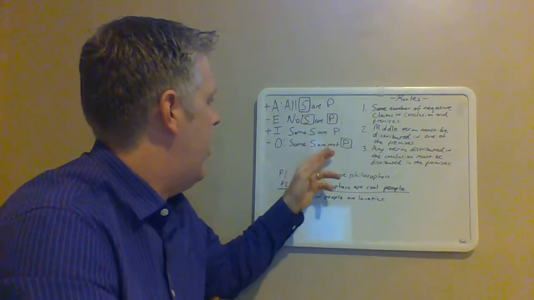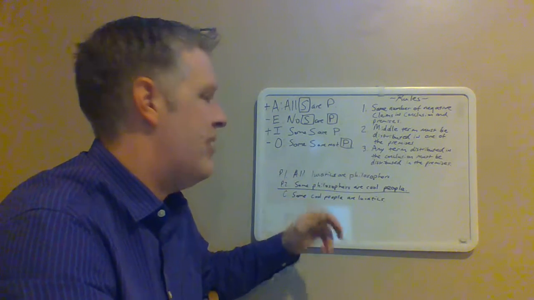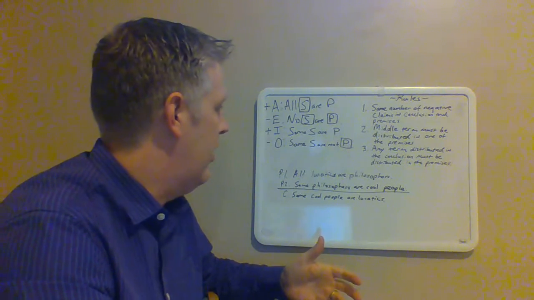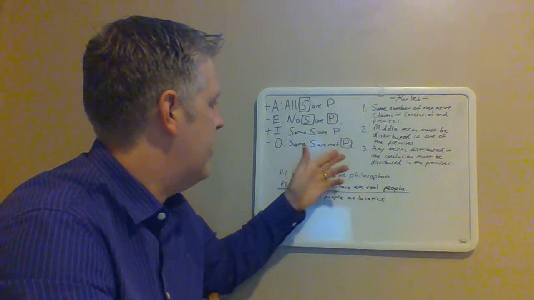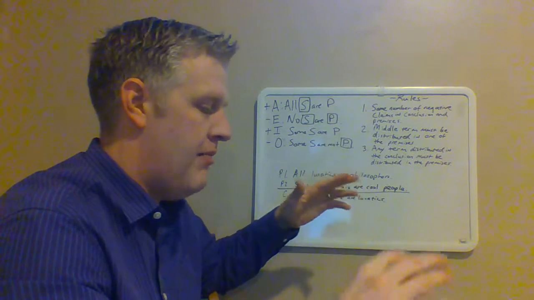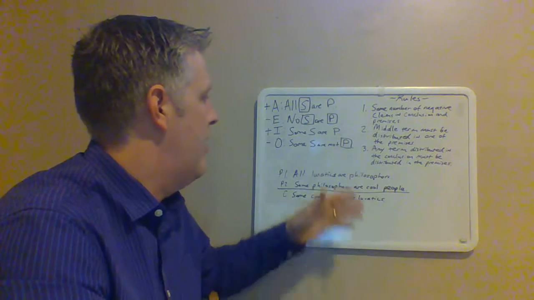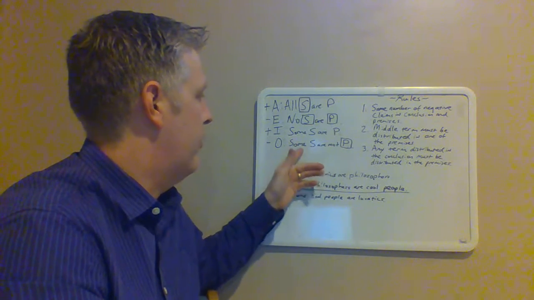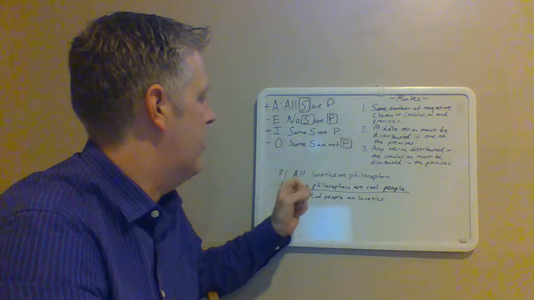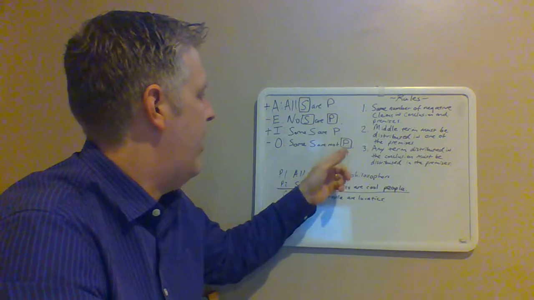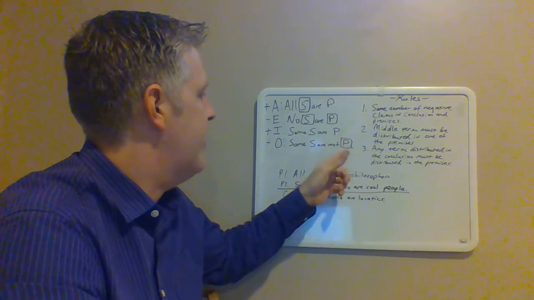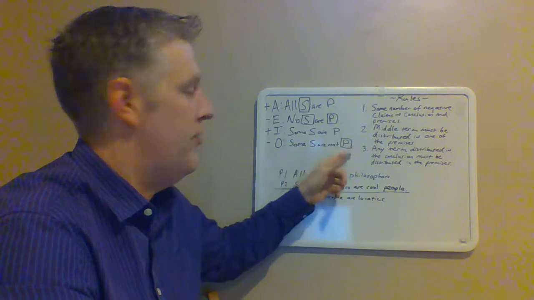Now, O, I think, is the trickiest. You'll just have to commit this one to memory, I think. Basically the idea is that whatever's named in the predicate, we know something definitively about all of the predicate, namely that they're not the some S that are being referred to in the subject. So, some animals are not cats. We know something about all the cats, namely that they're not the some animals that aren't the cats.